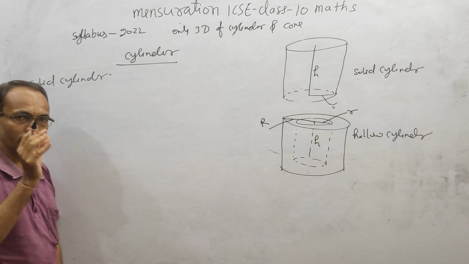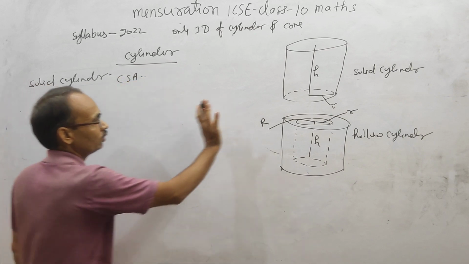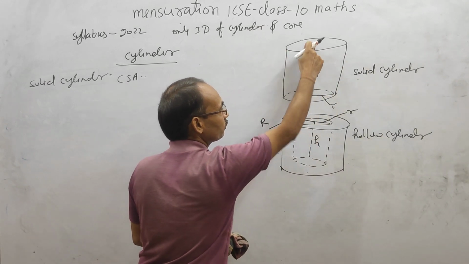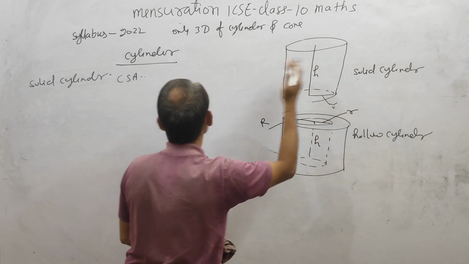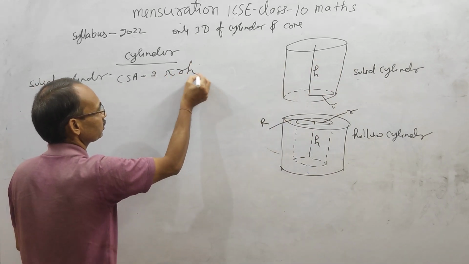Discussing the formulas of the solid cylinder. First we discuss the curved surface area. Curved surface area, not this, only the curve, is equal to 2 pi r h.